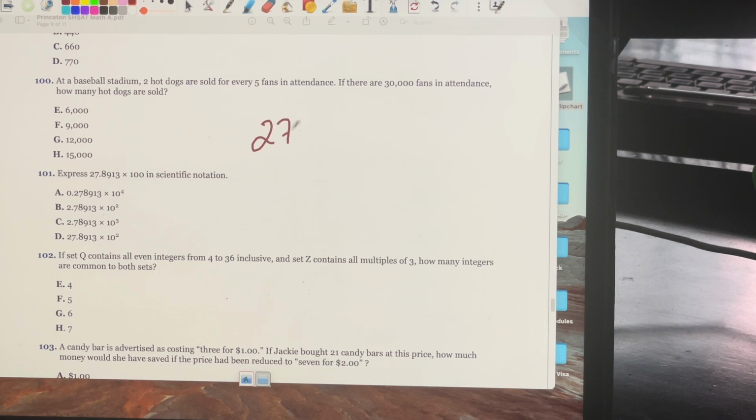So 27.8913 times 100. If I multiply that by 100, I move the decimal 2 over, 1, 2. Let's just do that. So my new number becomes 2789.13. This is what I can change to scientific notation. We're going to change this number, right?